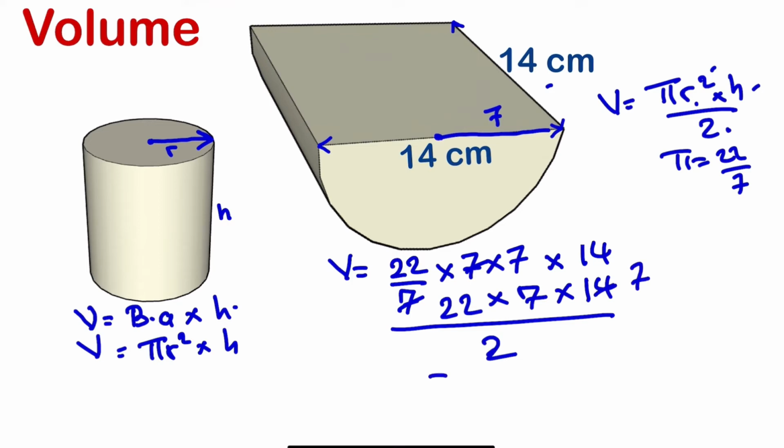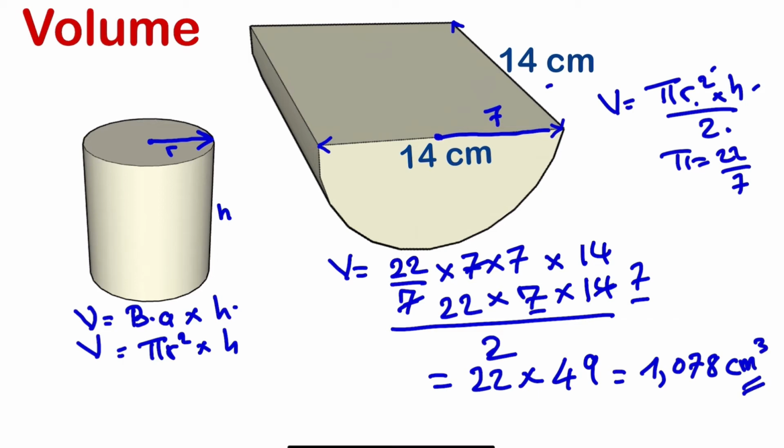So this will be left with 22 times 7 times 7, which is 22 times 49. If we multiply 22 times 49, it will give us 1078. Then the unit to calculate volume is centimeter cubed. So that's our volume.